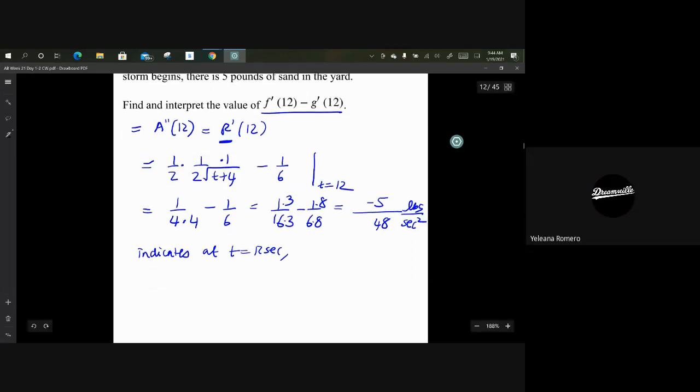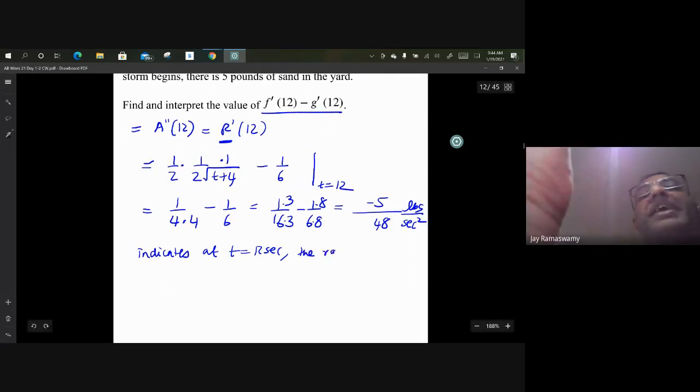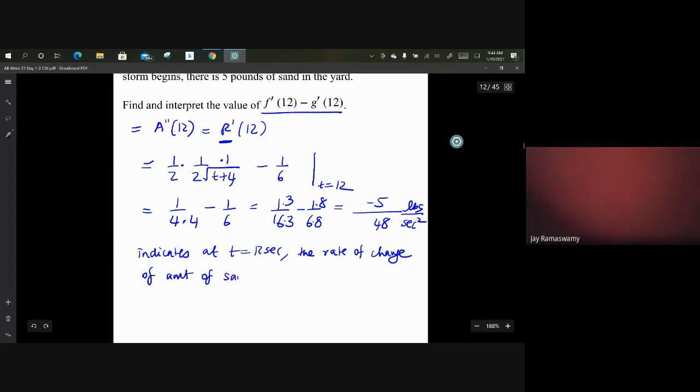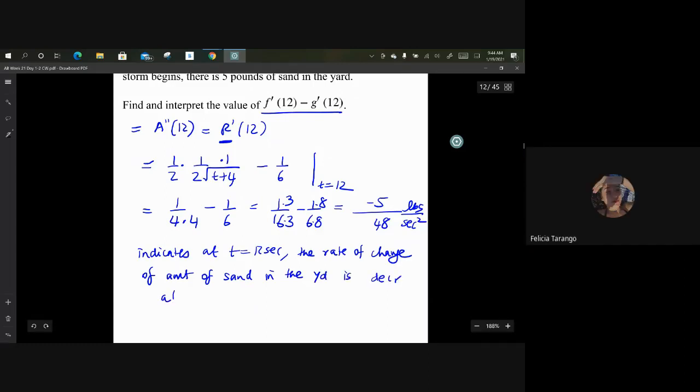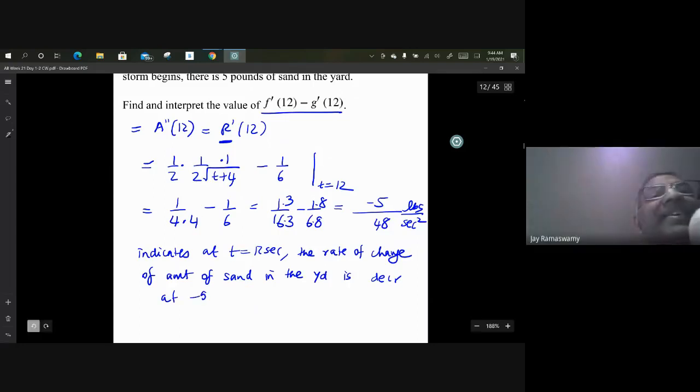The rate of change. The rate of change of the amount of sand in the yard is decreasing at positive 5/48 pounds per second squared. Don't write negative again.